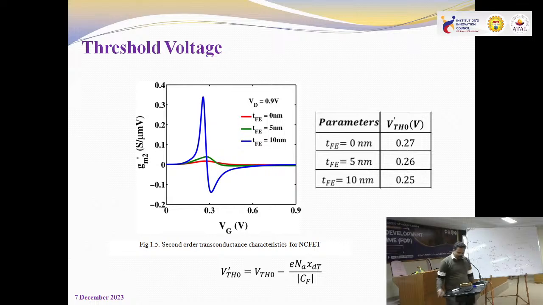NCFET is basically a low power device. Suppose I have a MOSFET; it has some power dissipation and some speed. Through NCFET, what I want to achieve is to reduce the power dissipation.